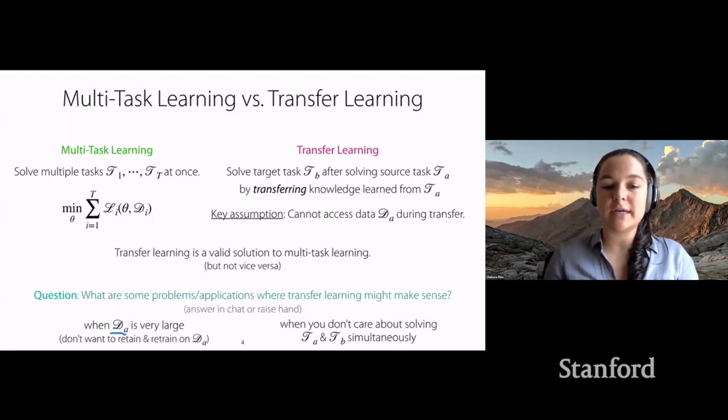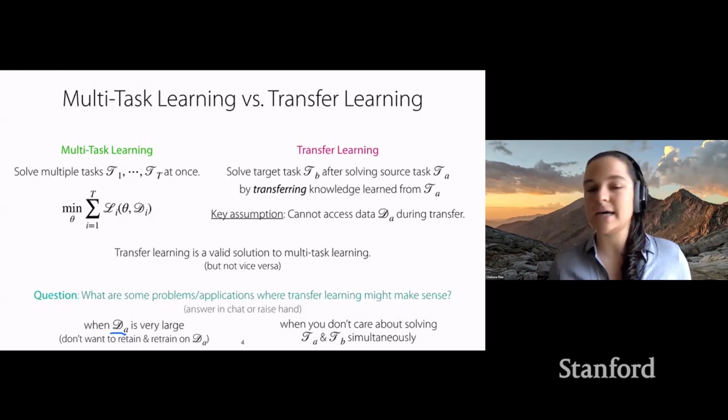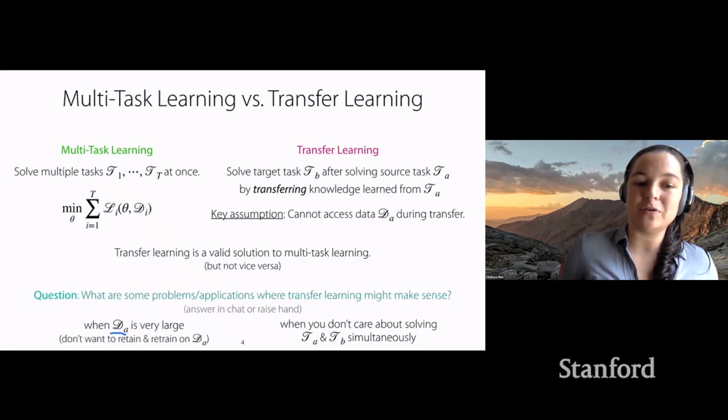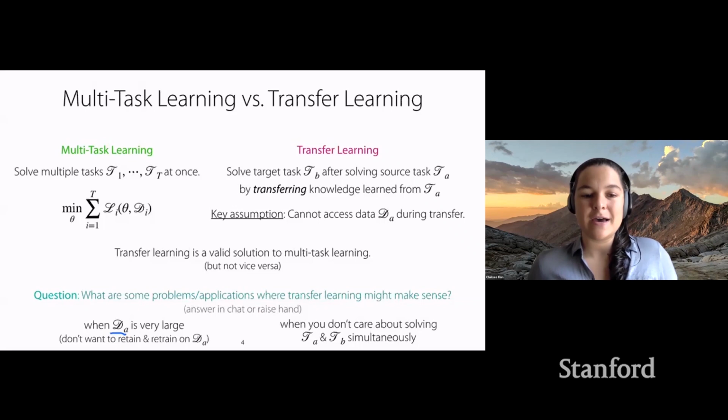So in those contexts, when you do care about privacy of things in the source task, you do want to think carefully about whether it is actually possible to reconstruct that data from the model itself.